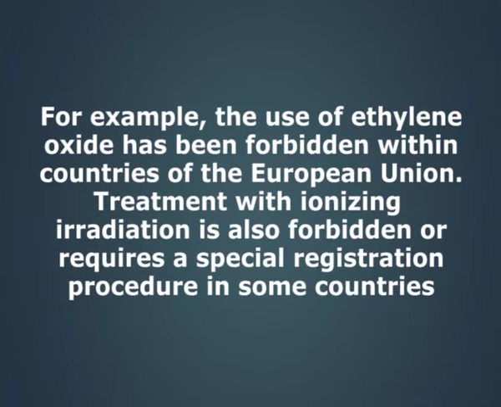Treatment with ionizing irradiation is also forbidden or requires a special registration procedure in some countries. In addition, the presence of aflatoxin in plant material can be hazardous to health if absorbed even in very small amounts. They should therefore be determined after using a suitable cleanup procedure.